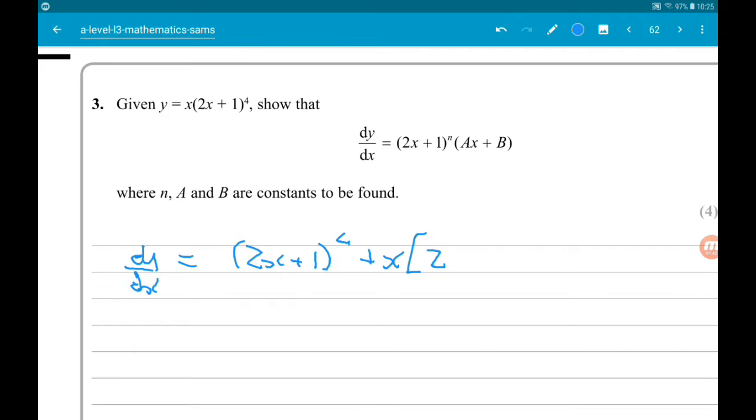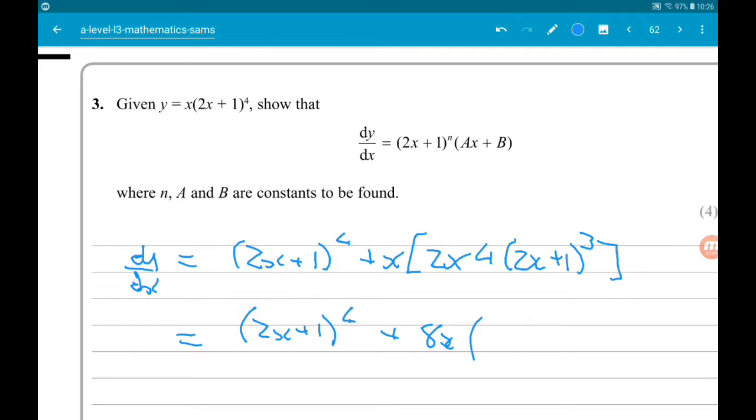So we get 2 times 4, 2x add 1 to the power of 3. Okay, so we have got 2x add 1 to the power 4, and then we have add 8x, 2x add 1 cubed.